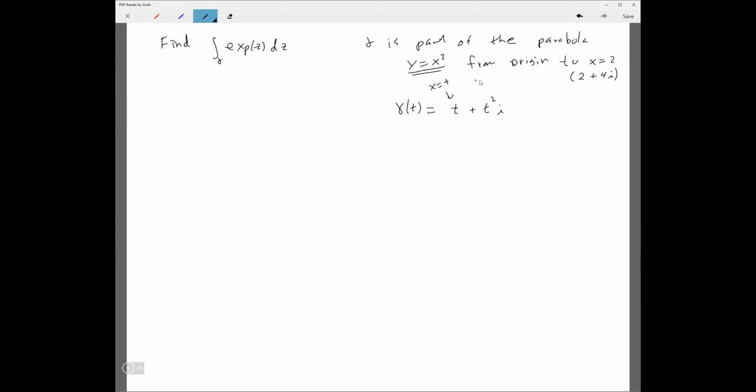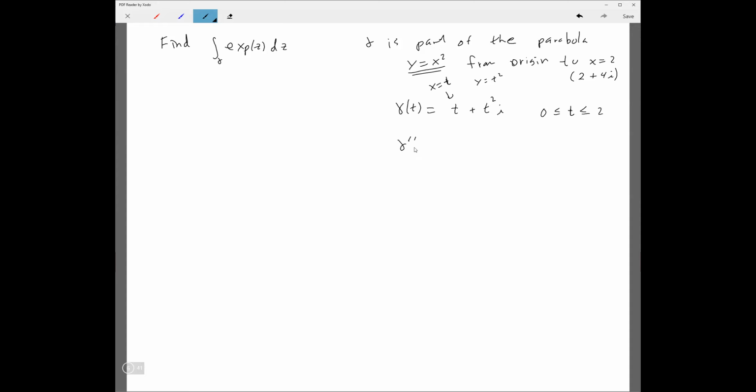Here x is t, y is t squared. If x is t and y is t squared, then y is x squared. And then when t is 0, it's giving you the origin. When t is 2, it's giving you this point. So you can just have t go from 0 to 2. Okay, and that's the parameterization.